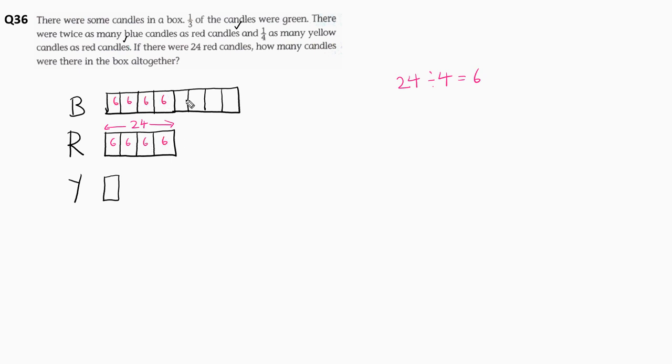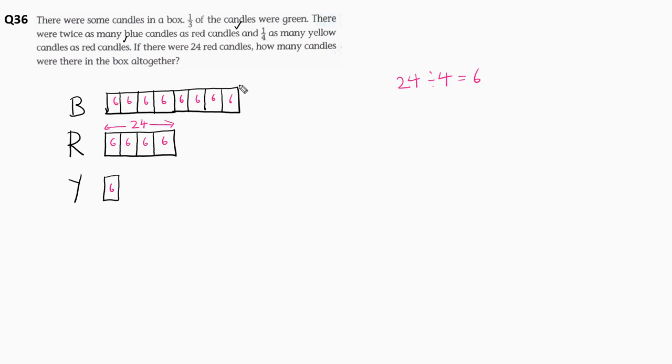I don't have to write this in, but just to make sure that that's clearly understood, all of those have a value of 6. So I can now work out how many blue, red, and yellow candles I have altogether.